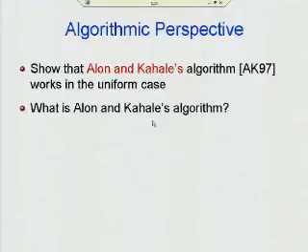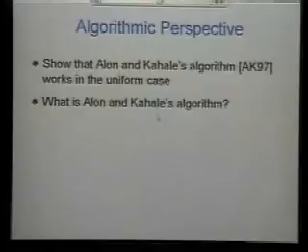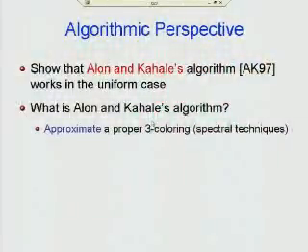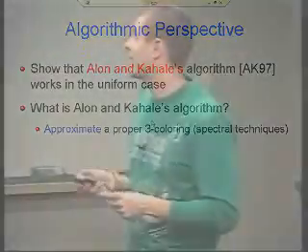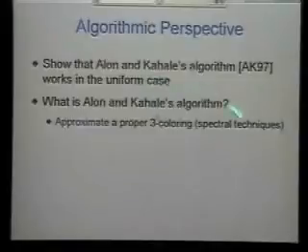Okay, so what is Alon and Kahale's algorithm? I'll run through it fast because time is limited. The basic algorithm is you get an approximation of some proper 3-coloring. This is done via spectral techniques.